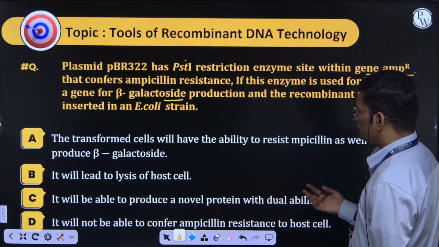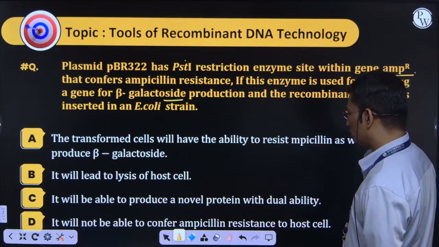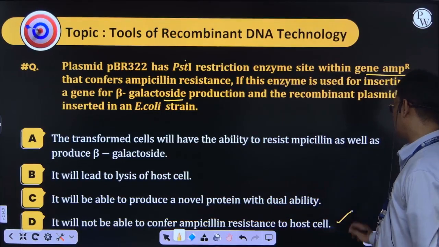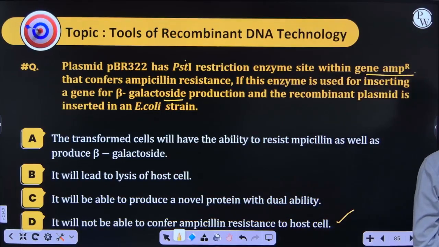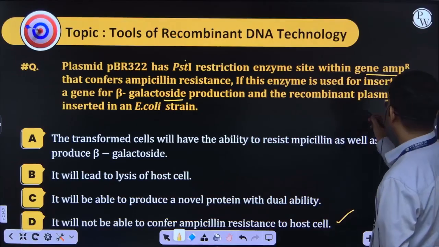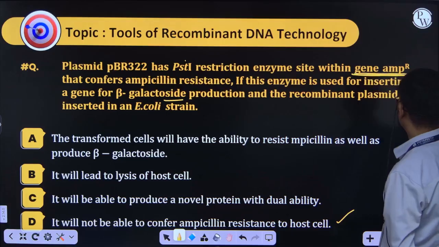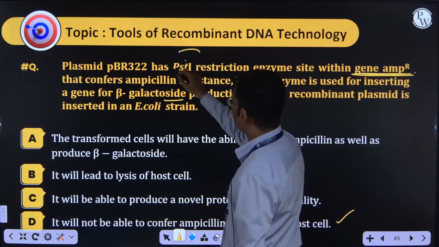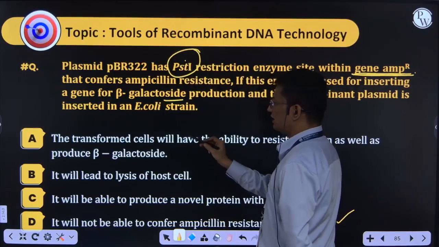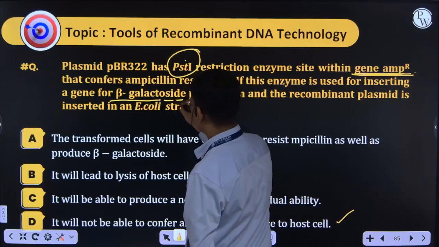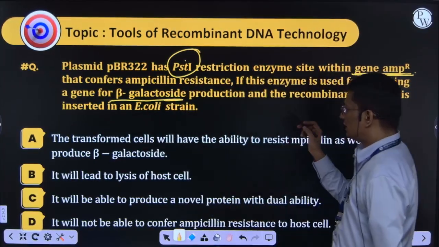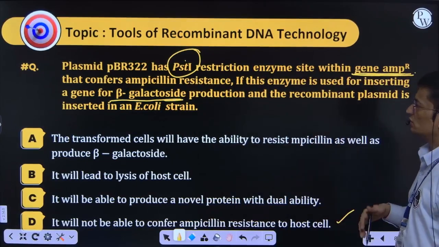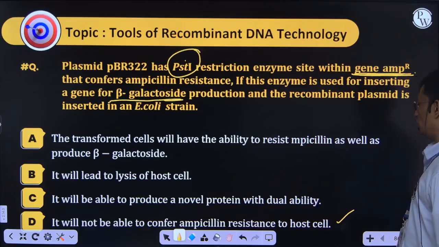In case of substrate, it will produce color, but it will not give resistance against ampicillin, because we have already removed the ampicillin resistance gene with the help of PstI. In that place, we are inserting beta galactosidase. Beta galactosidase will be active if you treat with a substrate, so we will get a colored product, blue color.